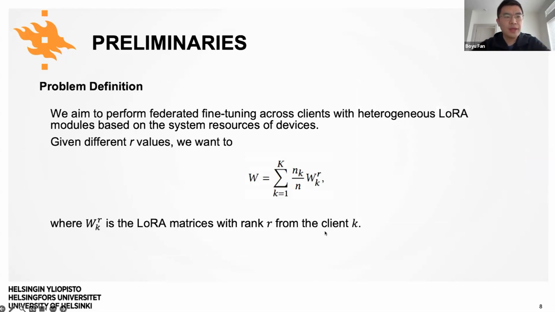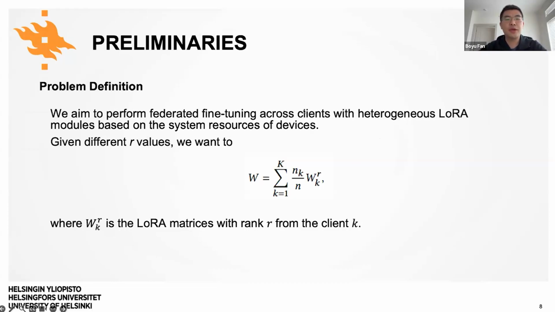So this is LoRA. Another preliminary is the problem definition. We aim to perform federated fine-tuning across clients with heterogeneous LoRA modules based on the resources of devices. As I mentioned, for GPU-equipped servers, we can give R a very big value, like 256, and for a Raspberry Pi, we can just give 4.